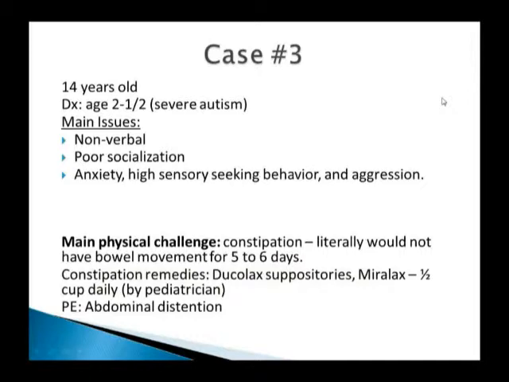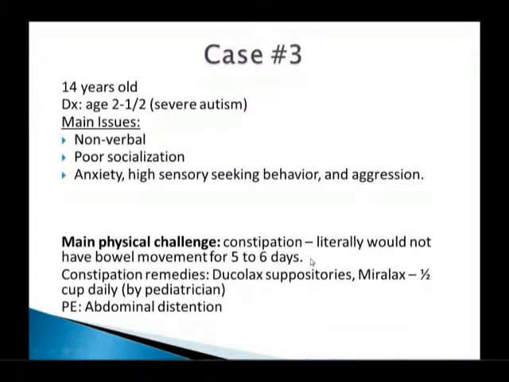And then case 3, another kind of interesting example with respect to constipation. A 14-year-old boy, diagnosed with autism at 2.5 years. Diagnosis considered severe, nonverbal, poor socialization, a lot of anxiety, a lot of sensory-seeking behavior. The main physical challenge was that he could be severely constipated, literally not having a bowel movement for 5 to 6 days at a time.